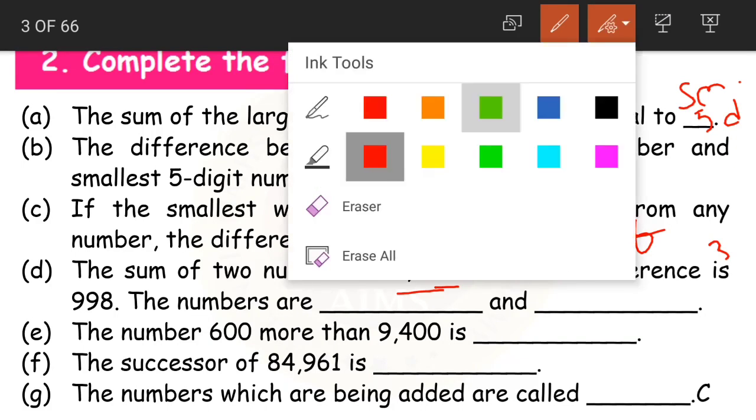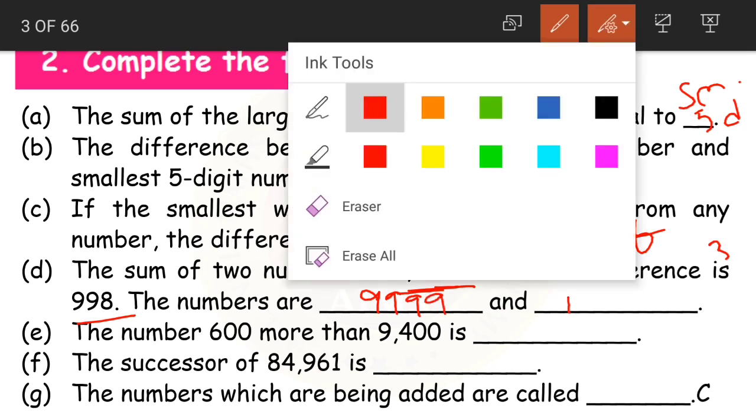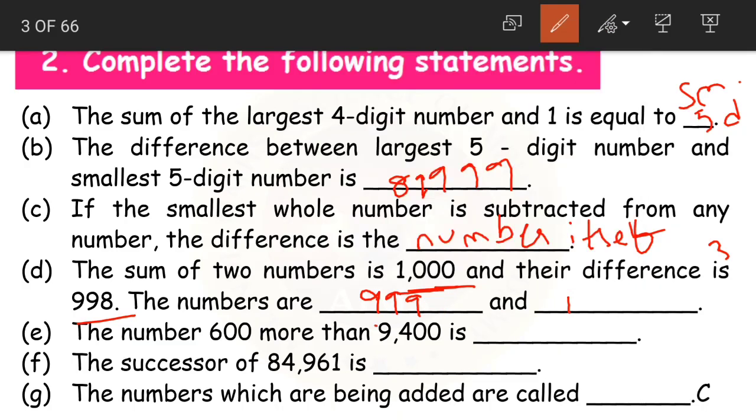That is what they've asked in the question also, right? Sum should be 1000 and the difference is 998. Now what will those numbers be? 999 and 1. Clear, children? 999 plus 1 is equal to 1000 and 999 minus 1 is equal to 998.